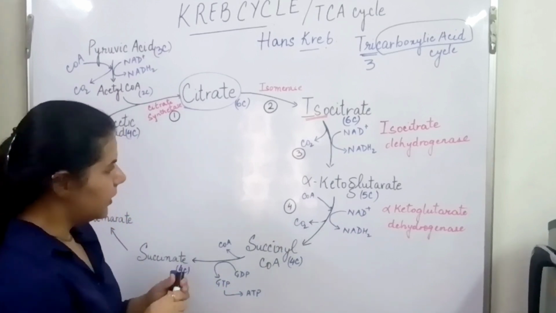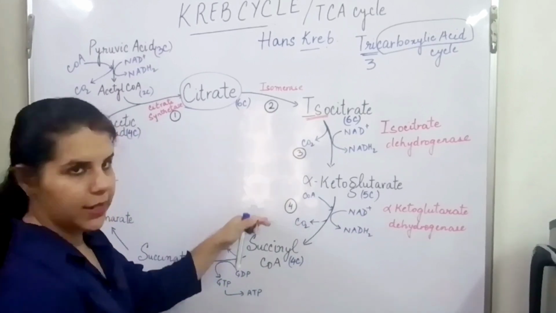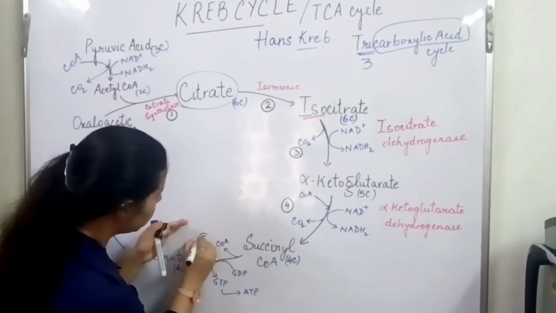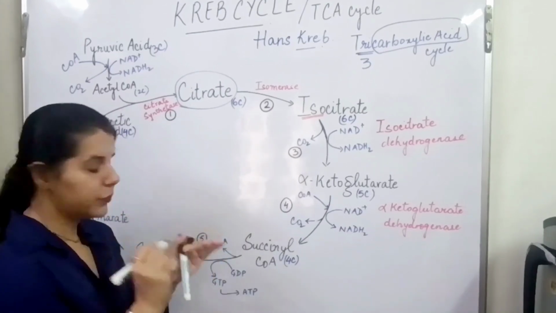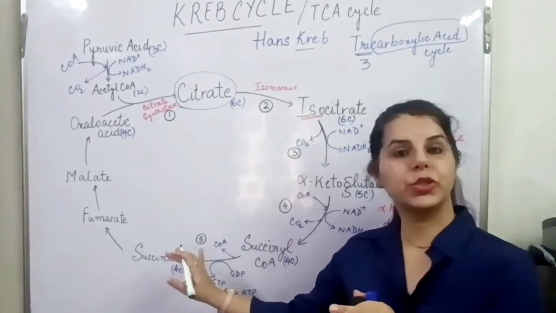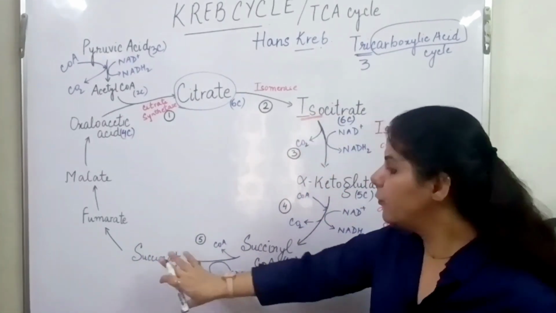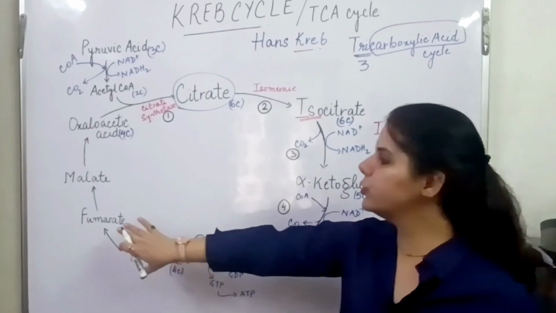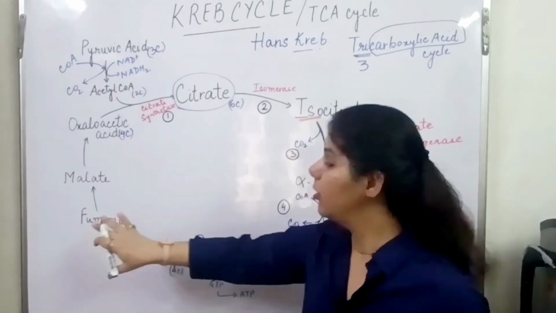Now, we have done 4 reactions. This reaction, let me name it as reaction number 5. So now, this is our reaction number 5, right? Now, from succinate, this succinate is converted to fumarate.